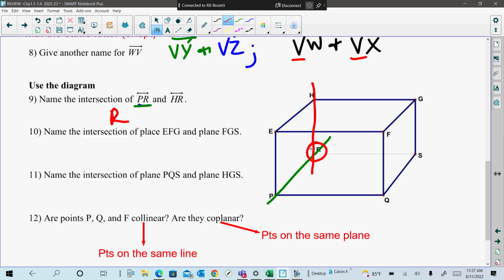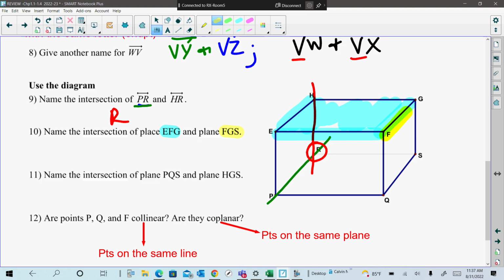Name the intersection of EFG. So to help you see the plane, EFG, that means I start at E, I go to F, and then I go to G. Hopefully you see that is the top plane. Then we're going to compare that to the intersection with plane FGS.